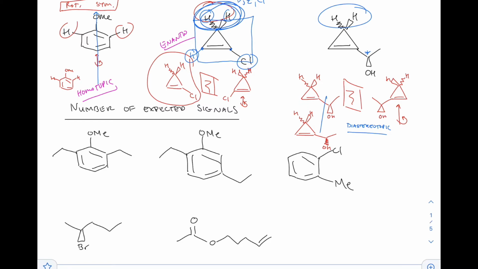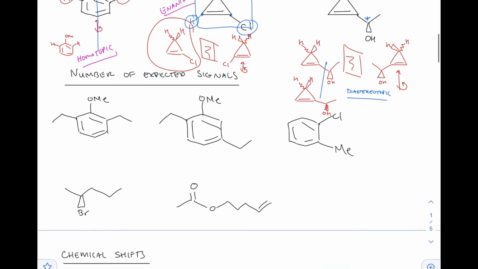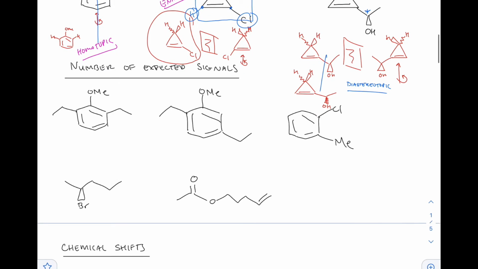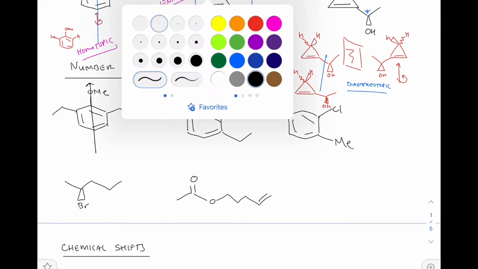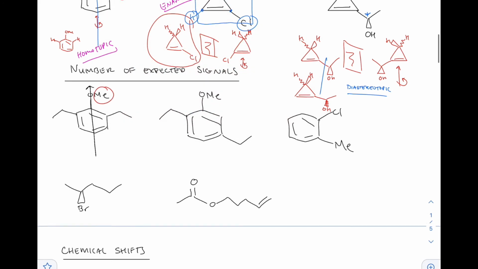Number of expected signals. This is definitely in line with homotopic, enantiotopic and diastereotopic, because you have to know if they're equivalent, right? And so this is the symmetry of the molecule. You slice that right down the middle. So there's going to be one unique signal there.